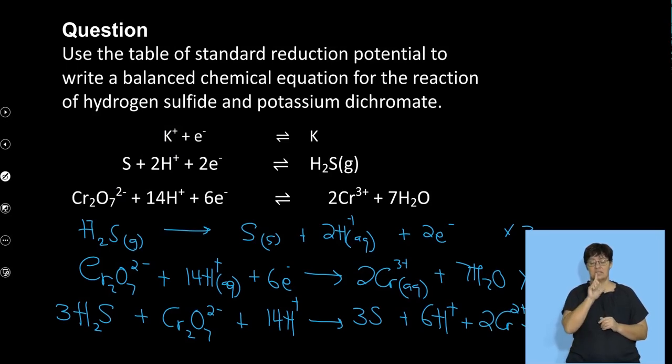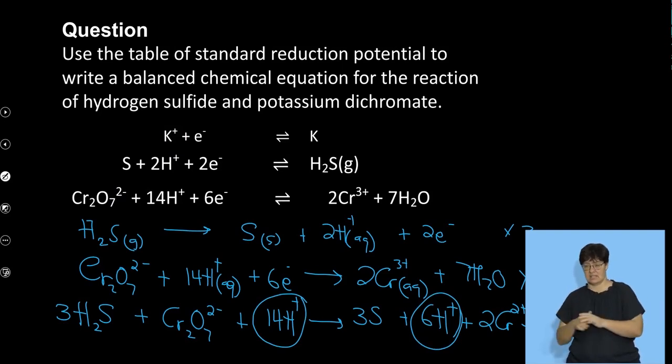But you'd realize that on the left, we've got 14 hydrogens and we've got 6 on the right. So you can immediately say that the hydrogen ions will remain on the left because we've got 14. If we subtract that, we actually get 8.